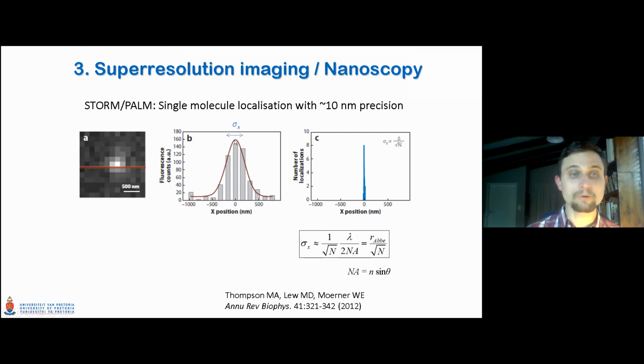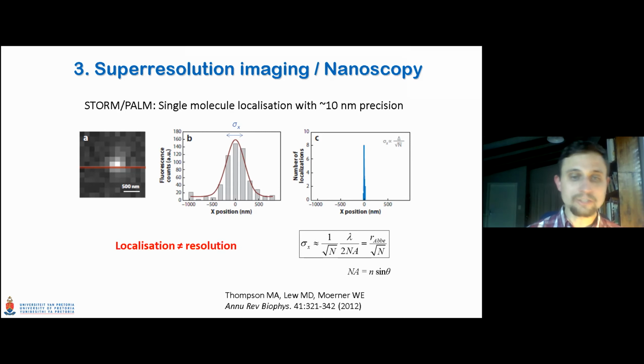But now if you repeat this several times, you decrease the variance, and you can increase the certainty of knowing that your molecule is in the center of this image. Okay, so this is the one principle: you can drastically increase the localization by just repeating the measurement several times. But this is not the only thing.